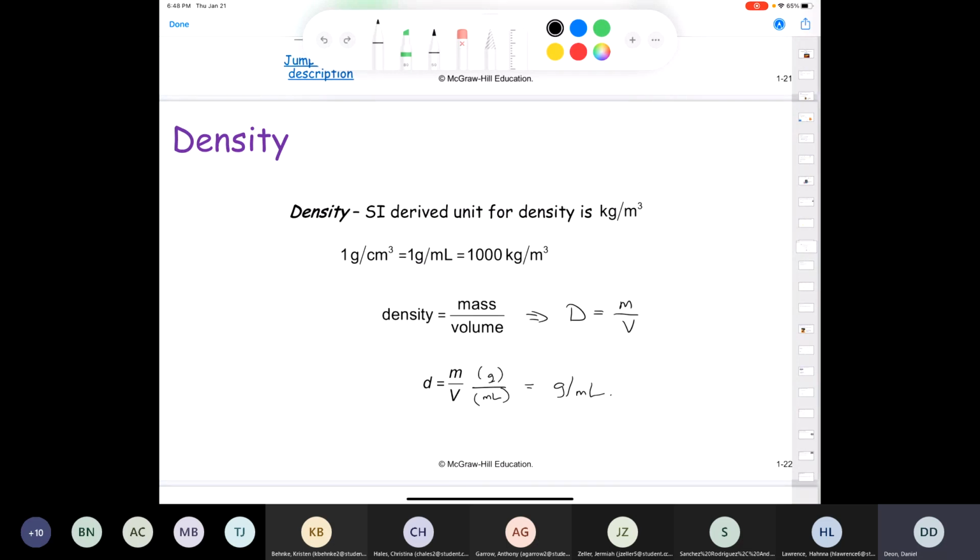Now, since we know that 1 milliliter is equal to 1 centimeter cubed, it follows that 1 gram per milliliter is equal to 1 gram per centimeter cubed. And we can also convert that into kilograms per meter cubed. I'm going to tell you right now that sometimes students try to use these units of kilograms per meter cubed when they want to look things up on Wikipedia or something, but those are generally not used in chemistry class.